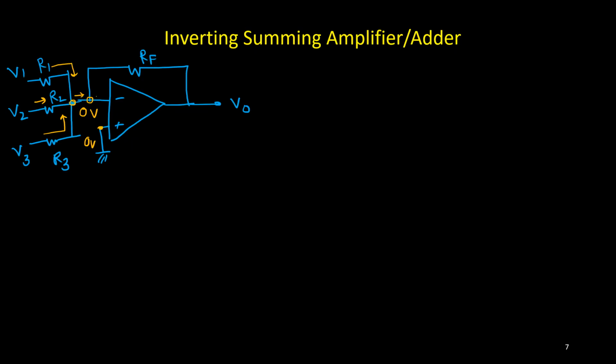But the current into the op-amp is 0 ampere, no current will enter this one. So this current has to flow to this side. It implies that the current through RF is the same as the addition of the currents through R1, R2 and R3 from left to right. Right? So can I use KCL at this inverting terminal? So apply KCL.